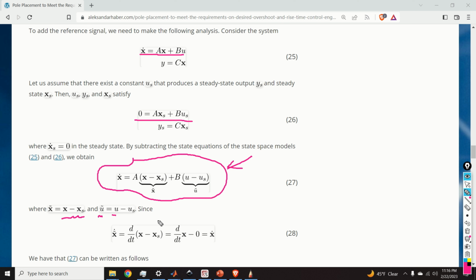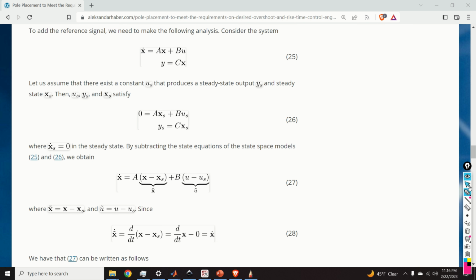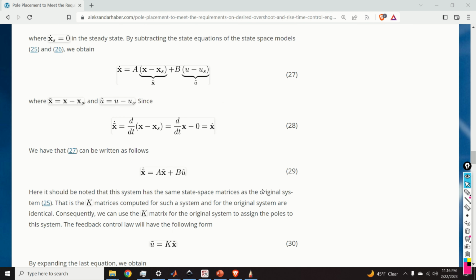You can clearly see that since x_s is a steady state, x tilde dot is equal to x dot, and by using this fact, we can transform equation 27 and obtain equation 29. This equation 29 is usually called the equation in error state space, since x tilde can be interpreted as some form of error. The same holds true for the input u tilde.